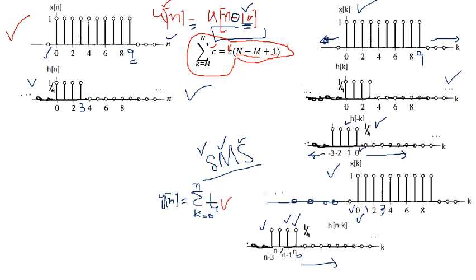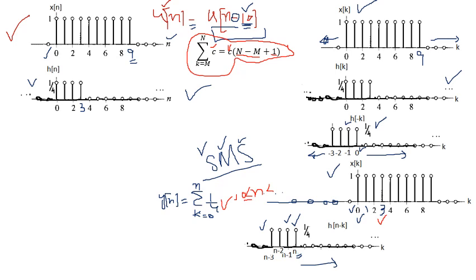So in this case, if we look at the values of n for this interval, n is equal to or greater than 0. Before 0 the non-zero overlap of the two signals is 0. And the upper limit of n will be 3. Why? Because up to 3 we have the partial overlap.